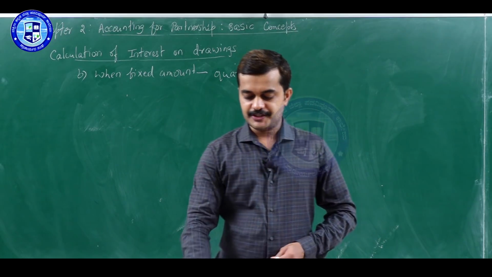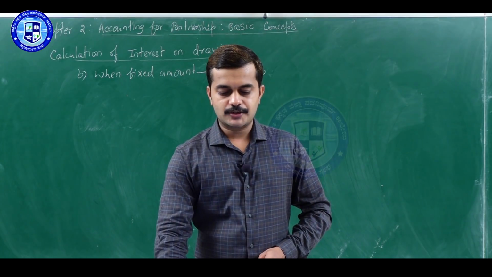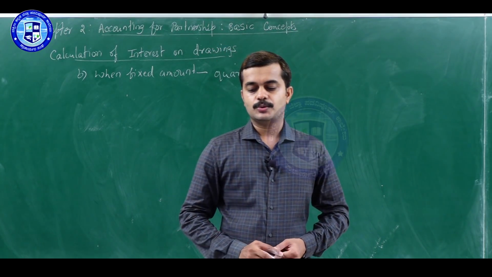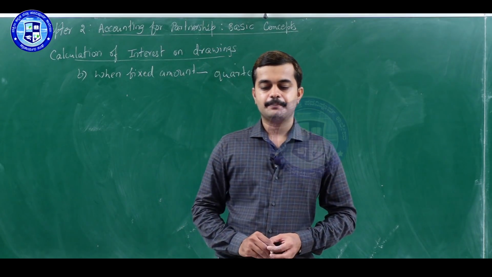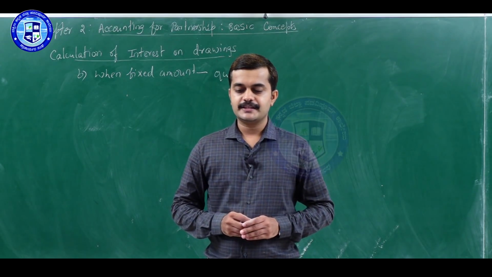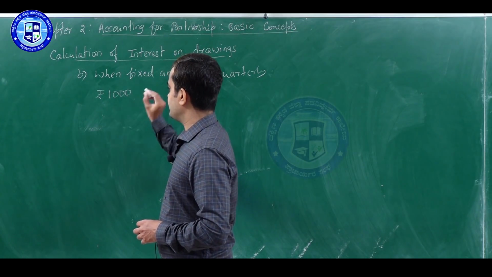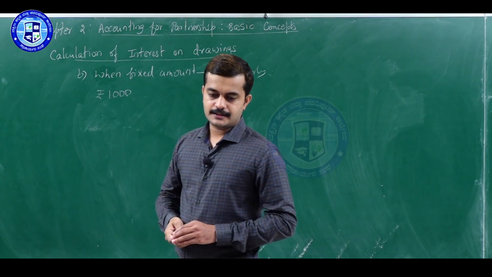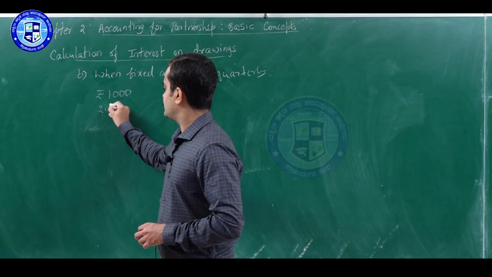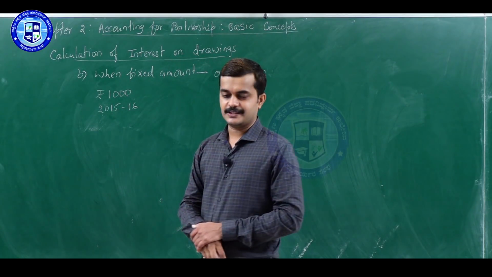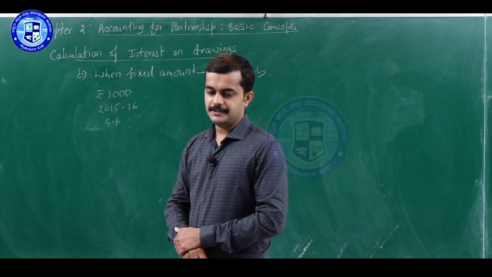Let us look at this situation with an example. There are 2 partners, Ram and Shyam, who share profits and losses equally. Ram withdrew rupees 1000 per quarter regularly during the year 2015-16. Rate of interest is given, 5%.